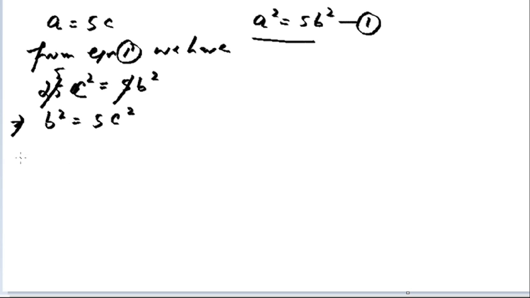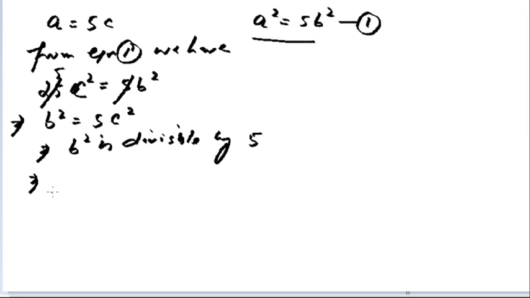It implies that b square is divisible by 5. When b square is divisible by 5, it's obvious b is also divisible by 5.